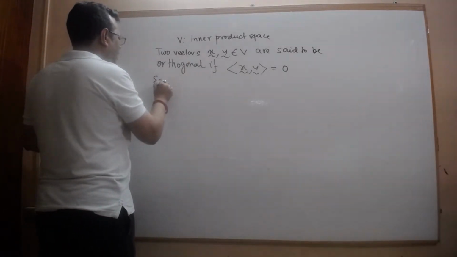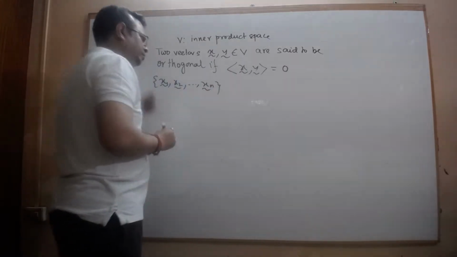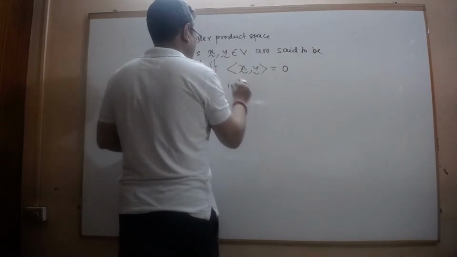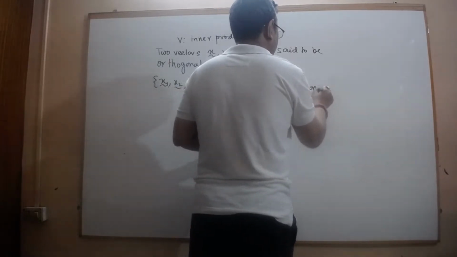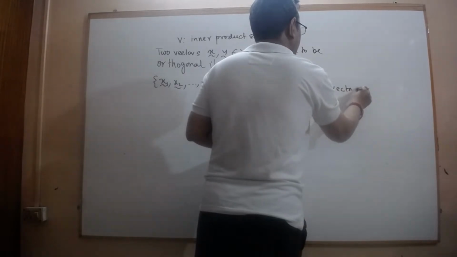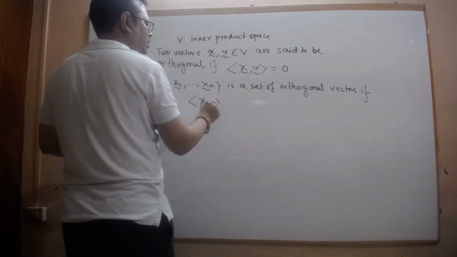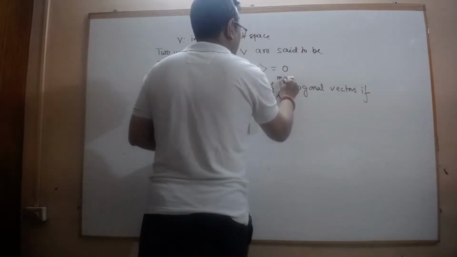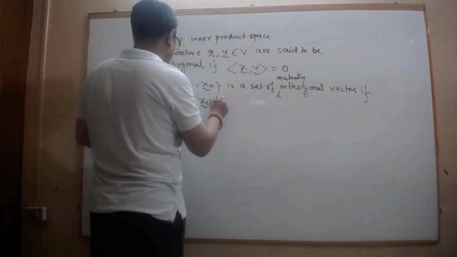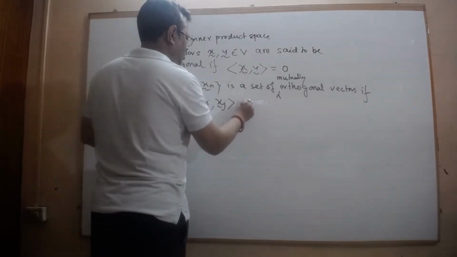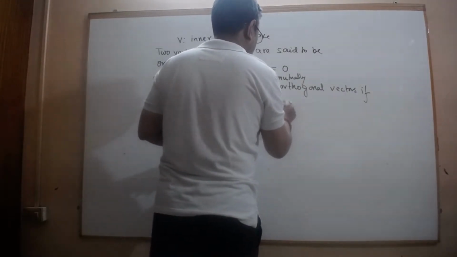So a set of vectors x1 curl, x2 curl, up to xn curl is a set of orthogonal vectors if all are mutually orthogonal, that is, if the inner product of all the pairs is equal to 0 for all i not equal to j.